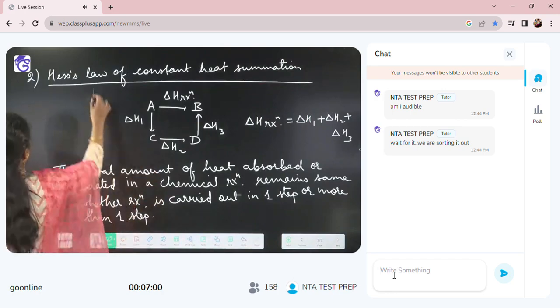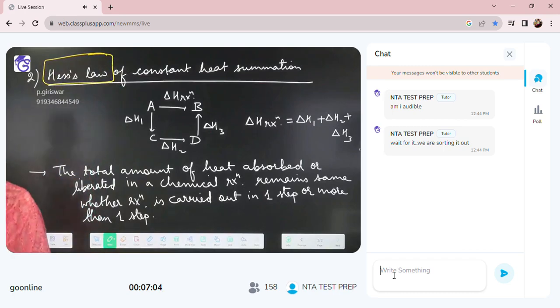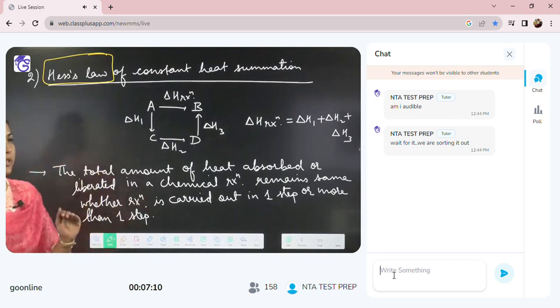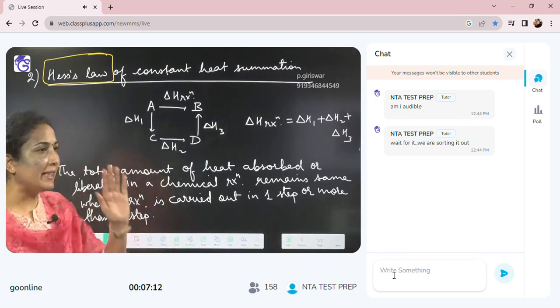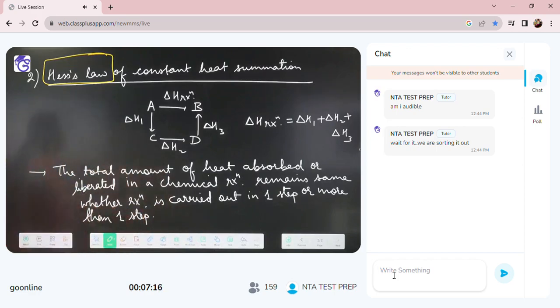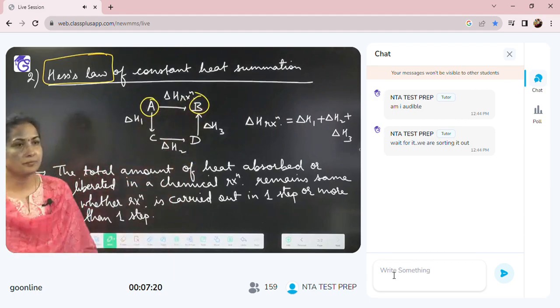So we are not going to call this by such a bigger name here, simply Hess law. Constant heat summation means the same thing. That means if at all you carry out a reaction in one step or more than one step, the heat absorbed or released in a chemical reaction is not going to change, because you are starting at A, you are ending up at B only.